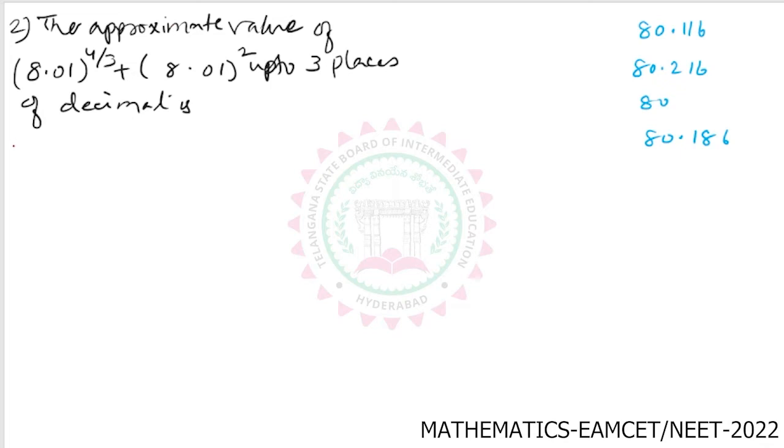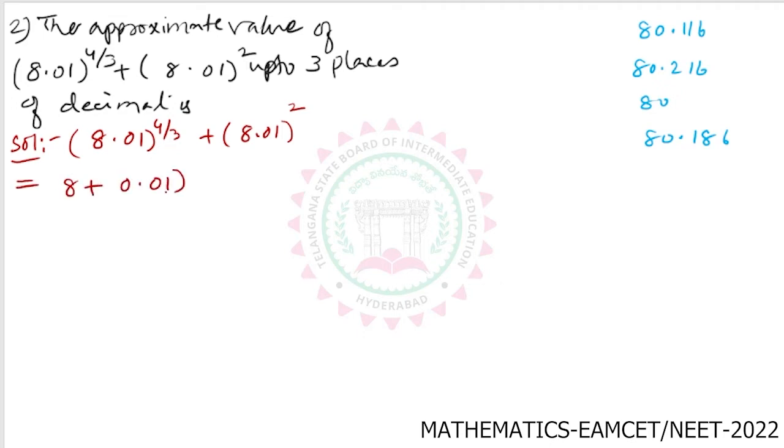So, write down the solution. What I am doing, given term is 8.01 whole power of 4 by 3 plus 8.01 whole power of 2. This can be written as 8 plus 0.01, is it clear? Whole power of 4 by 3.